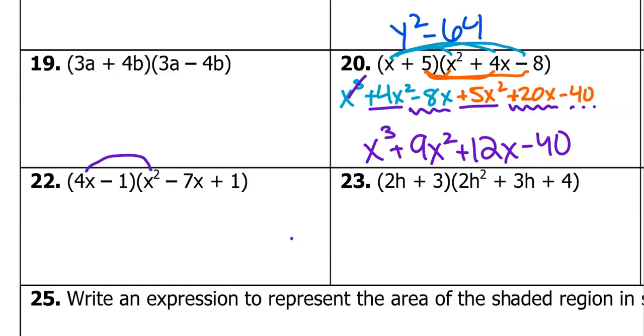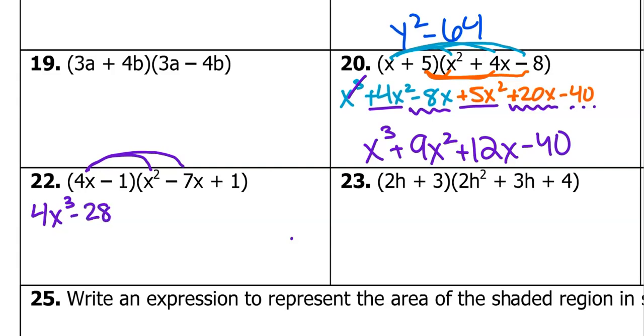Yeah. 4x times x squared is 4x cubed. Good, then what? Yeah, 4x times negative 7x. So 4 times negative 7. Negative 28.